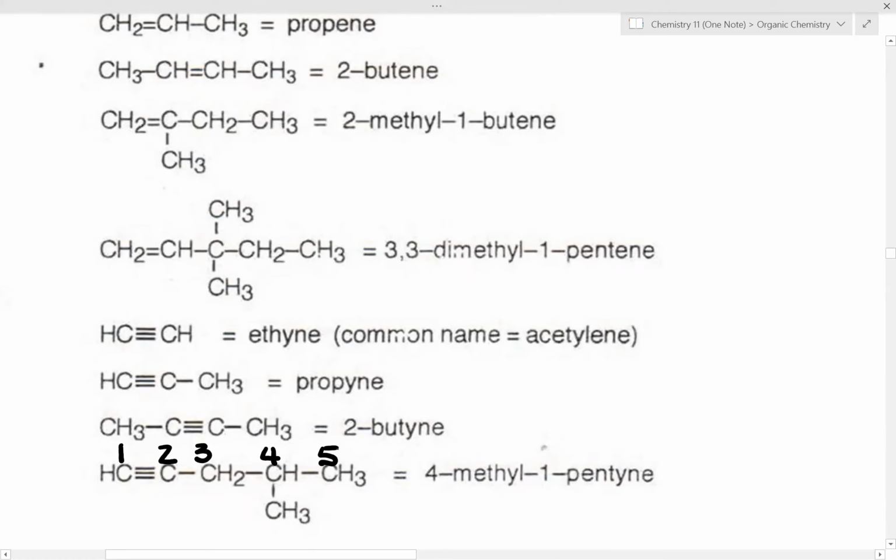They started from the left here because you want to give the triple or the double bond the first priority. So that's why it's numbered this way, and it's not the other direction. Okay? So the double bond always gets first priority compared to everything else.